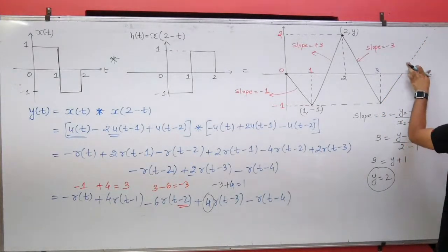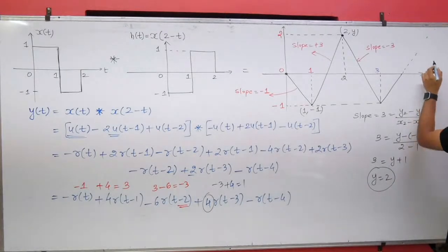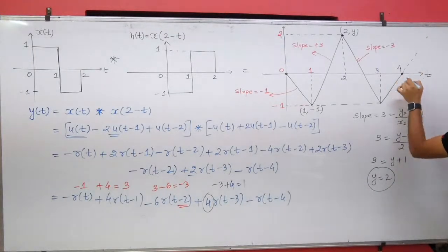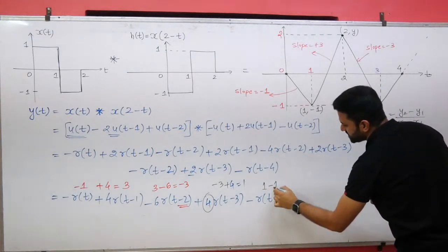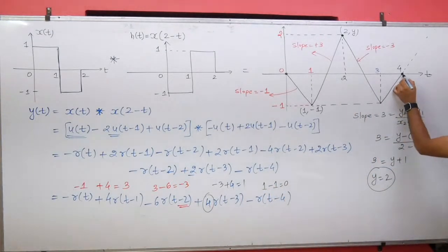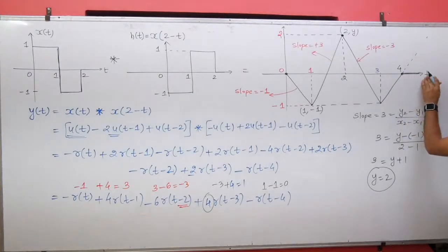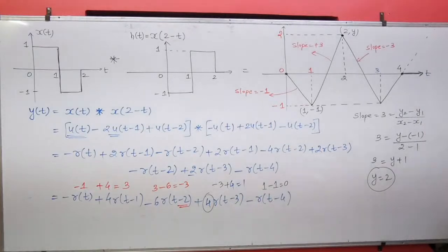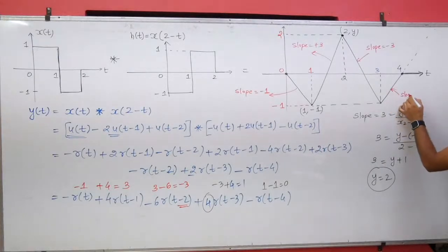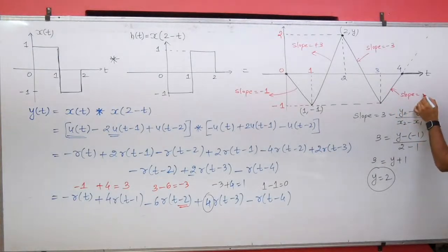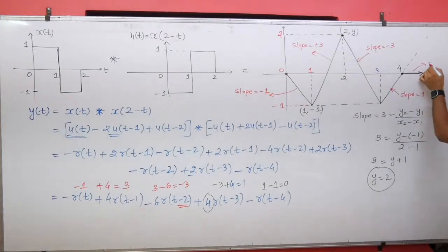But at point t is equal to 4, we are applying 1 minus 1. So the slope is now 0. So this is having the slope 1 and it is having the slope 0.